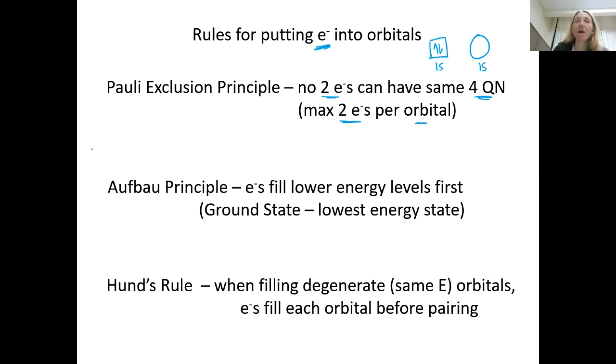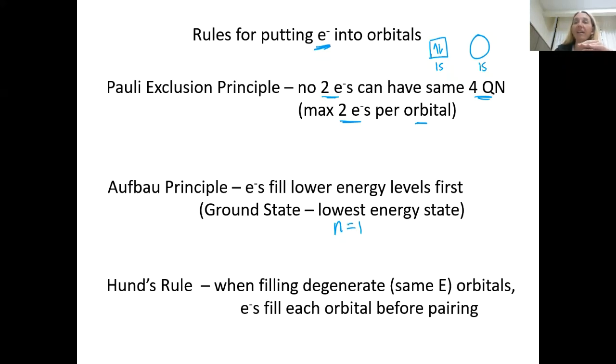Okay, the next rule is Aufbau principle. And this says that electrons fill lower energy levels first. Okay, and so the ground state is the very, very lowest energy state. So ground state usually means n equals 1, right? So n equals 1 is the lowest energy state.